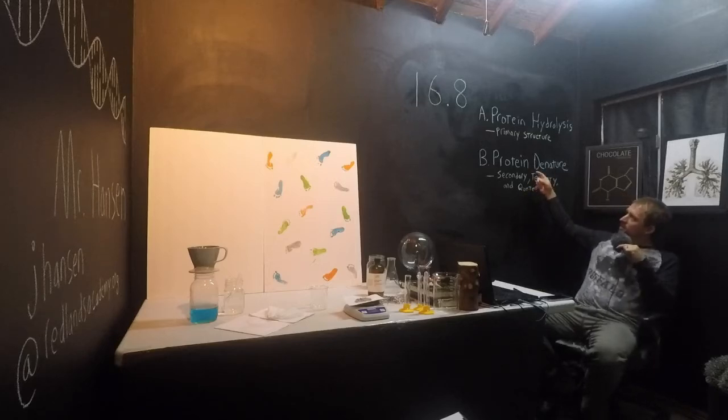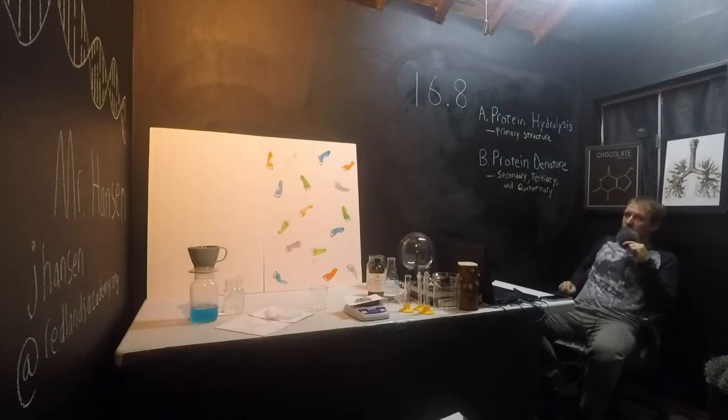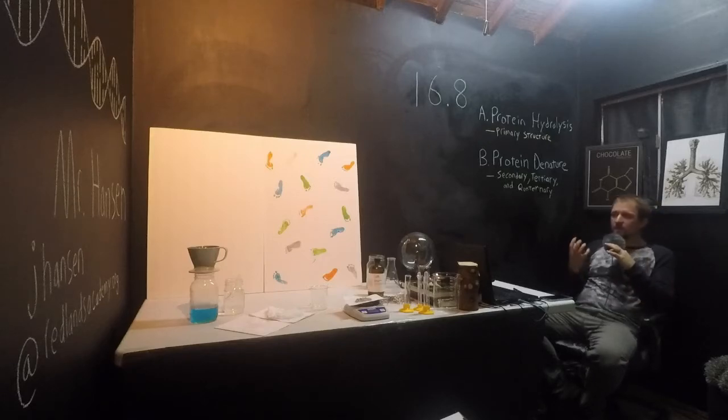The other type of breaking down of proteins, which is more common, is the changing of the shape of proteins. If you remember, a lot goes into twisting and folding and changing the shape of a protein by all the interactions between the side chains of the amino acids.